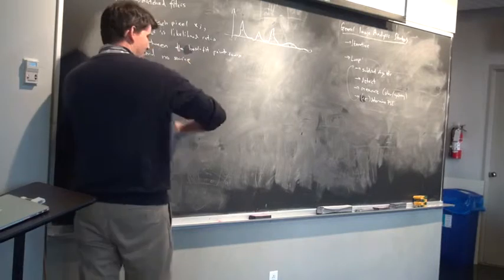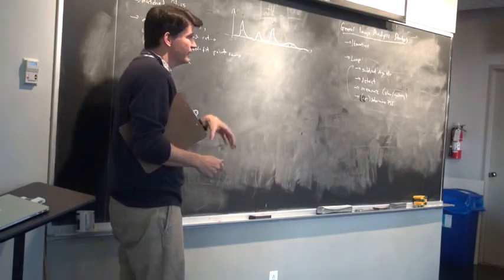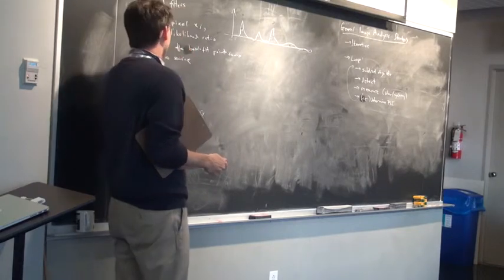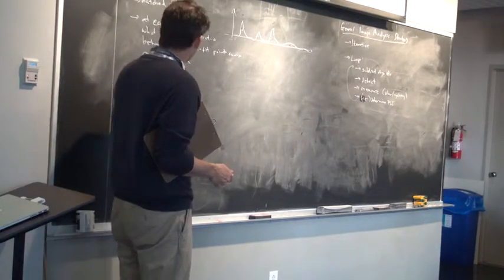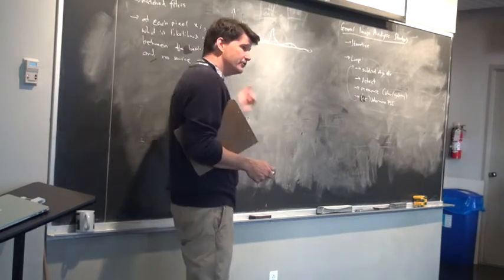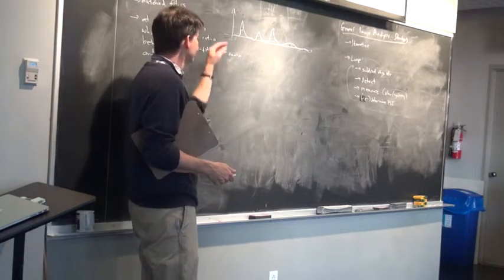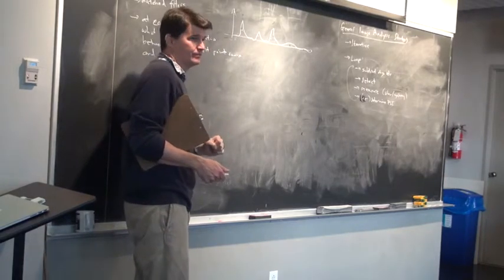So you take two hypotheses. One is that there's a point source with some flux, you fit for that flux, and you compare that hypothesis to there's no source here at all. And you do this at each pixel. And if that likelihood ratio is high, then you say it's a detected pixel.